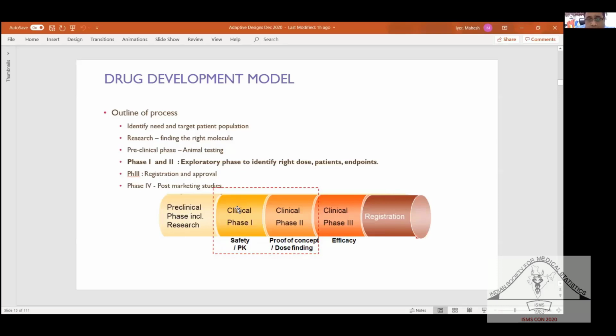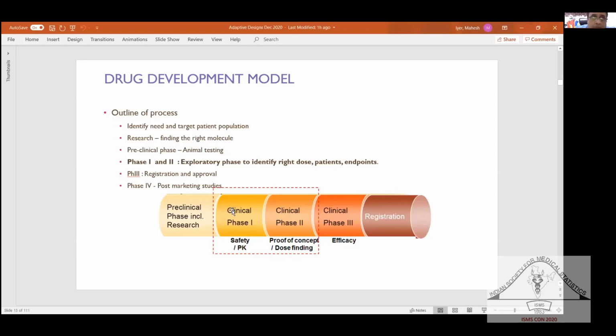We start from this part, which is clinical phase 1, where we primarily look for safety and for pharmacokinetics. What is pharmacokinetics? It is what does the body do to the drug?